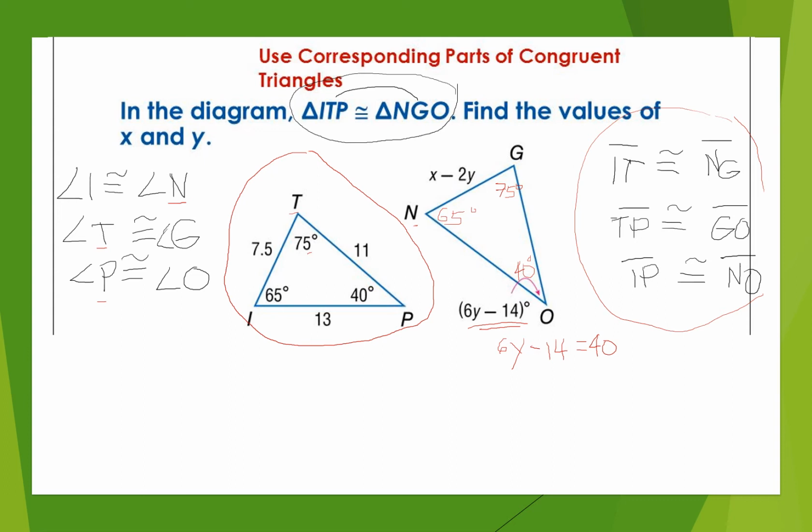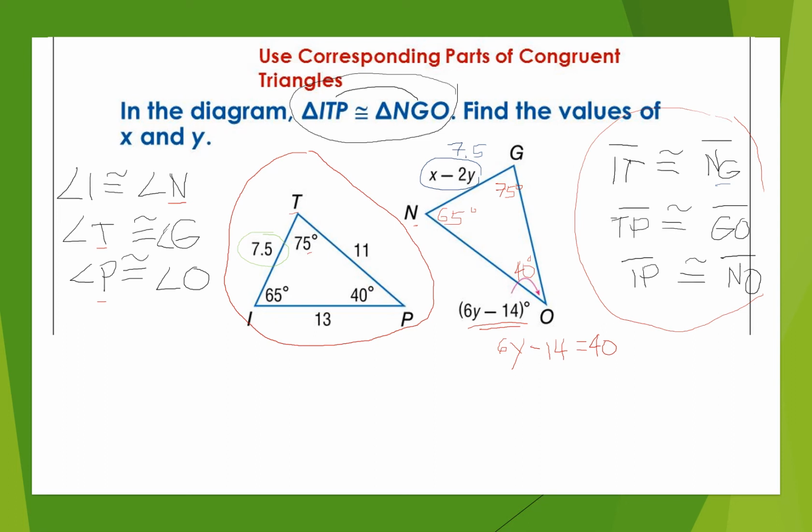So, yung segment IT natin, okay, so ang sukat niya ay 7.5. So, if that is 7.5, so ang sabi dyan, ang IT is congruent to NG. So, nasaan ba ang NG? So, this side, so NG is also 7.5. So, parang itong expression na to ay pwede na rin natin siyang gawing equation knowing that expression is equal to 7.5.